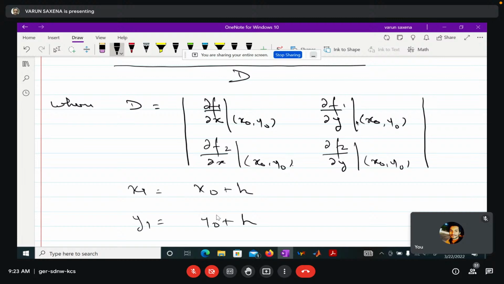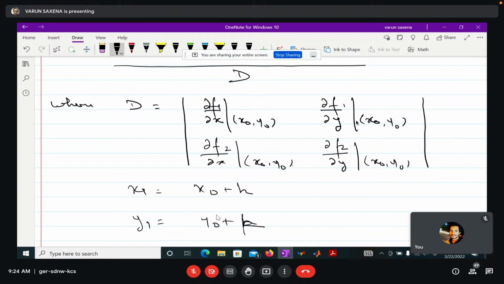And once you find x1 and y1, then you repeat this entire thing at x1 and y1, right? x0 and y0 will now be replaced by x1 and y1. Then you will find x2 and y2. Then everything will be replaced by x2 and y2, and then you continue.